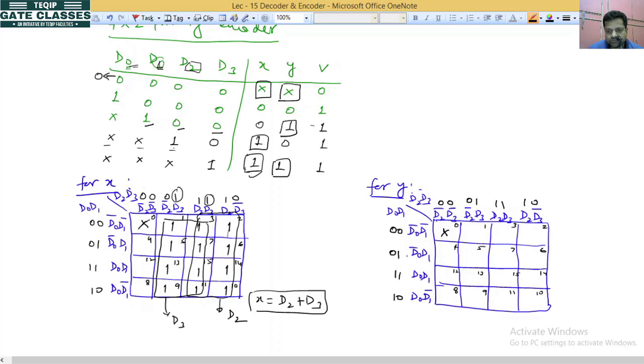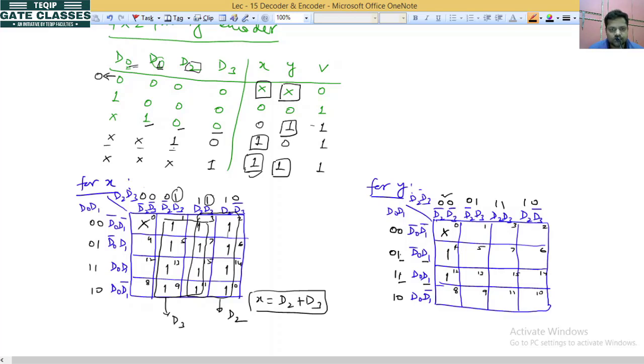D1 is 1 in these two cases, where D2 D3 are 0 0. So it will be 1 in these two places, because these two cells fall in this category where D1, D2, D3 is 1 0 0.